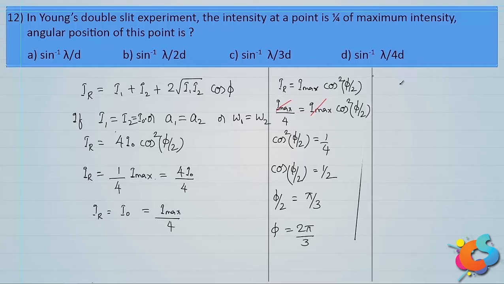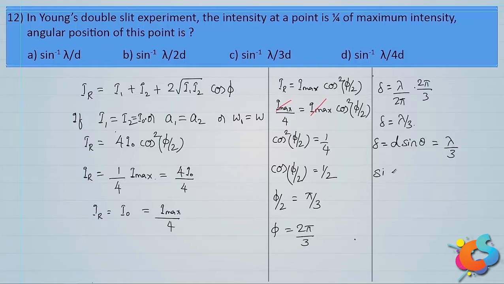So when phi is equal to 2 pi by 3, you can find path difference, given by delta equal to lambda by 2 pi into phase difference, that is 2 pi by 3. So path difference is equal to lambda by 3. Now you have an expression for path difference, that is delta is equal to d sine theta. So d sine theta is equal to lambda by 3.